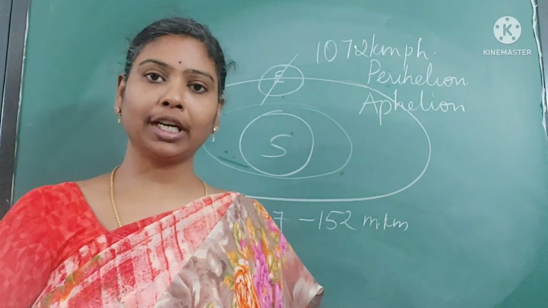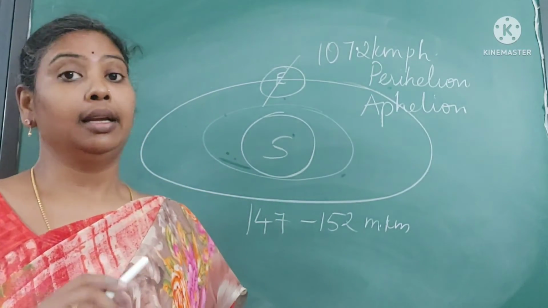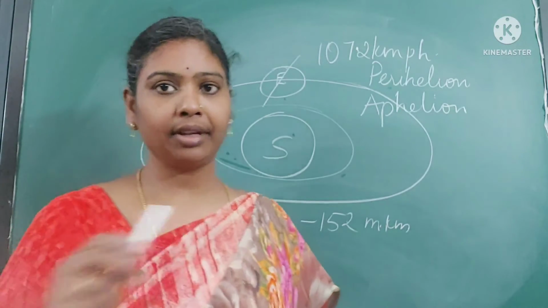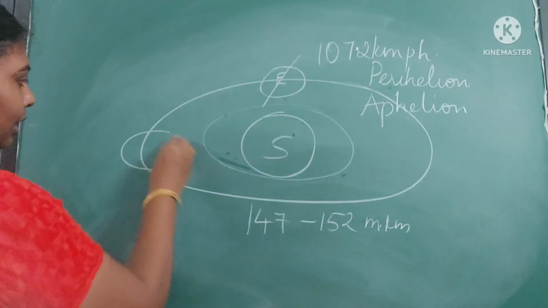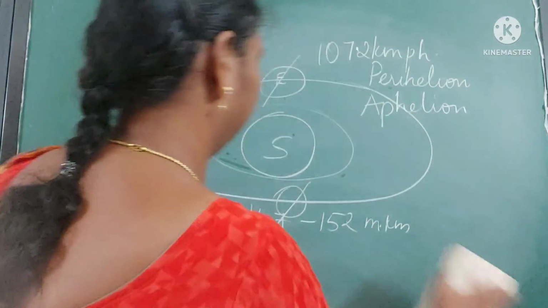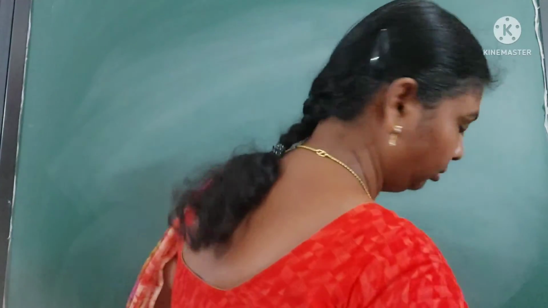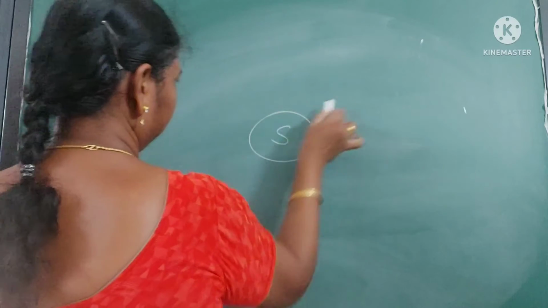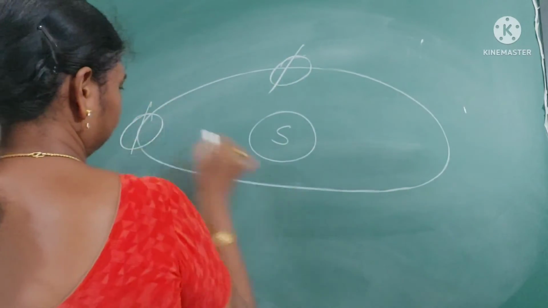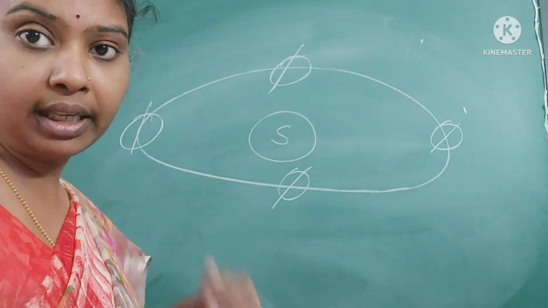Now let us see what are the effects of revolution. The first effect of revolution is the changing of seasons. We have different seasons because of revolution. The position of the earth keeps on changing.